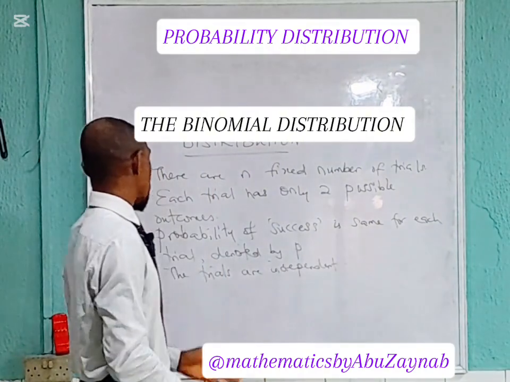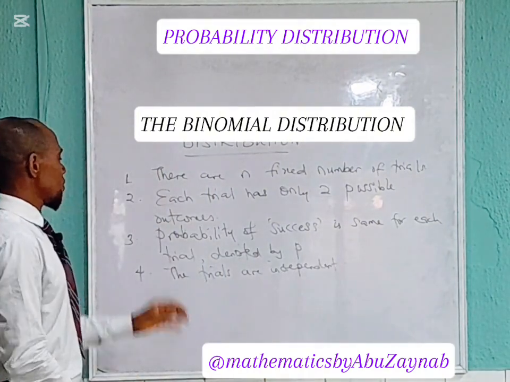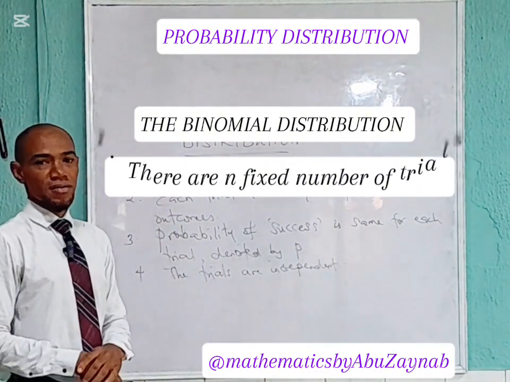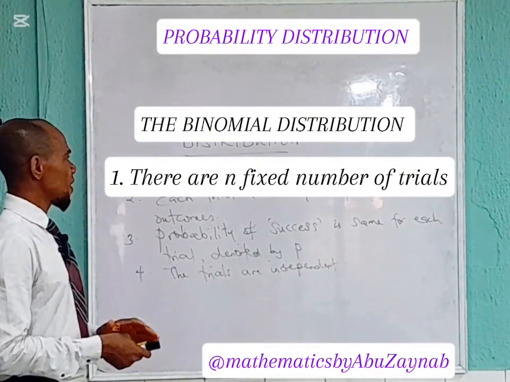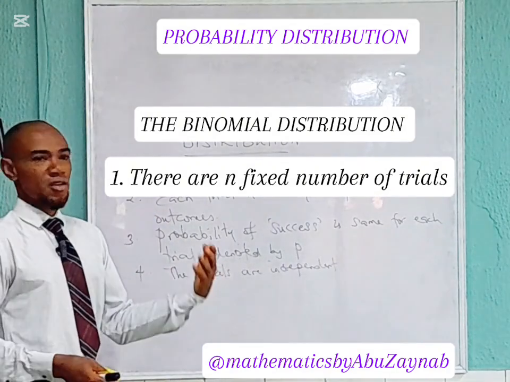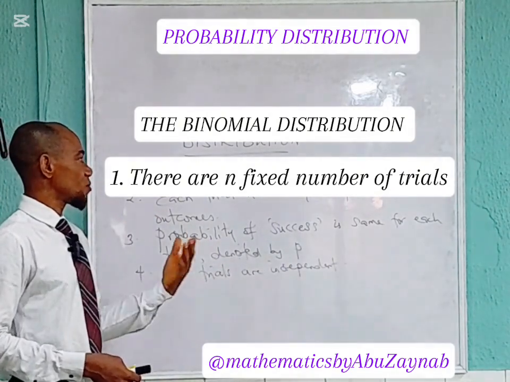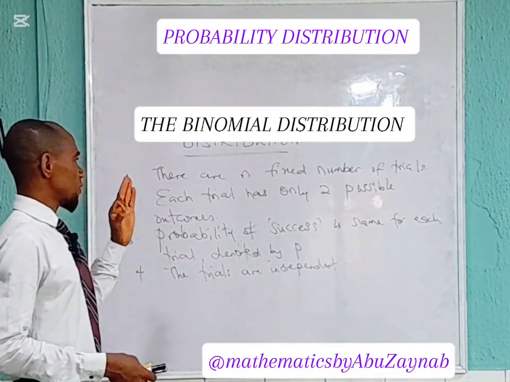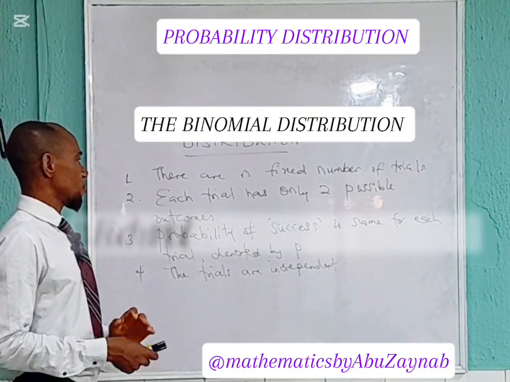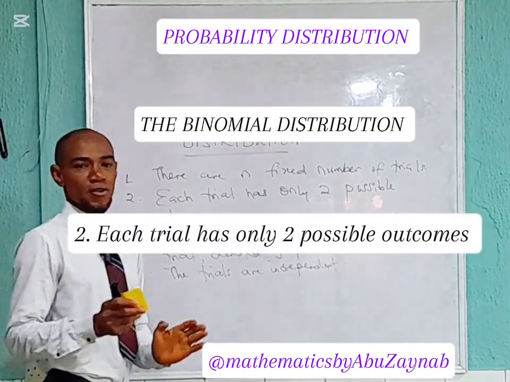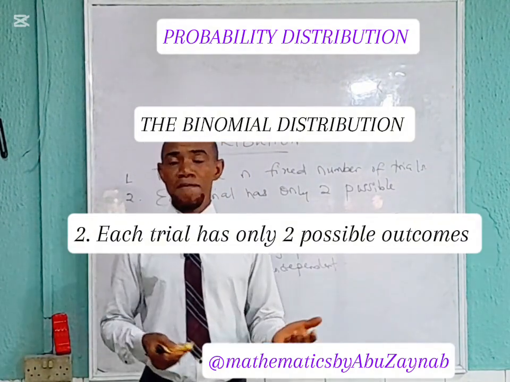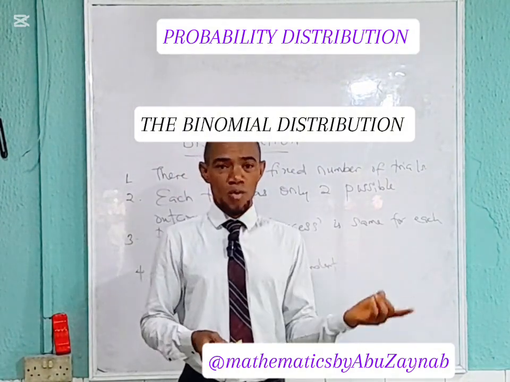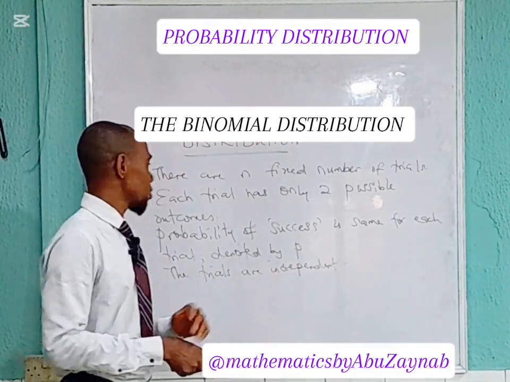I go over again. The first condition is that there are n fixed numbers of trials in an experiment. What that means is that it's not indefinite. The number of trials is not unlimited. It's fixed. Each trial has only two possible outcomes, so each experiment in the trial is either a success or a failure, a 0 or a 1. No three options there.